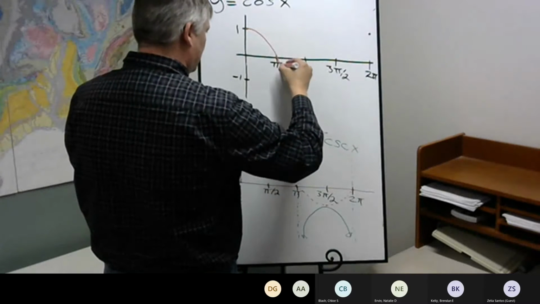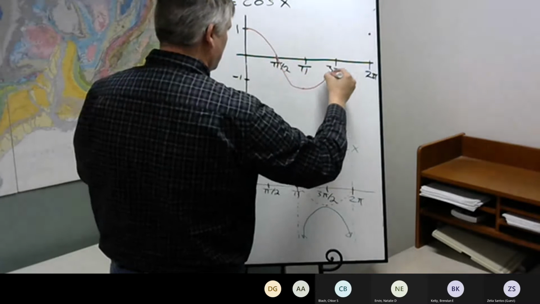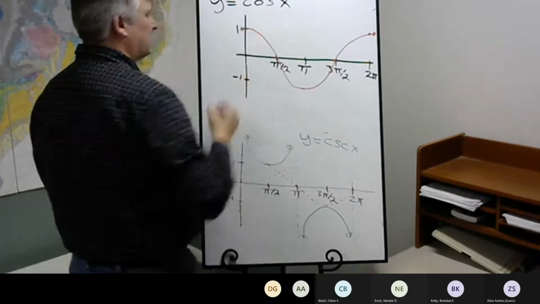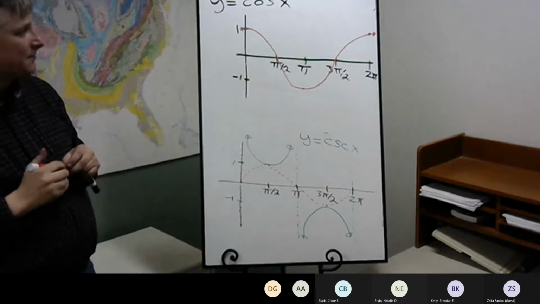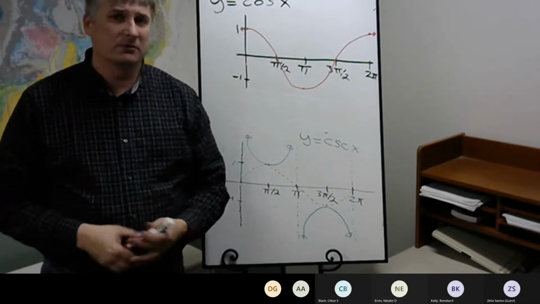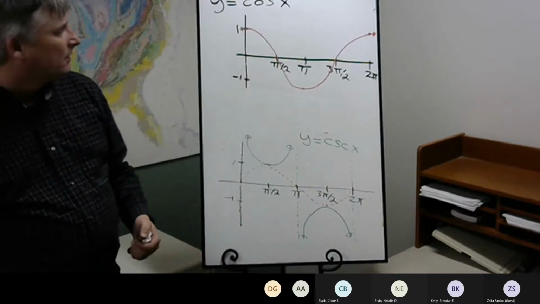Period of cosine is going to look like that. So this is sort of the canonical form of cosine of x.